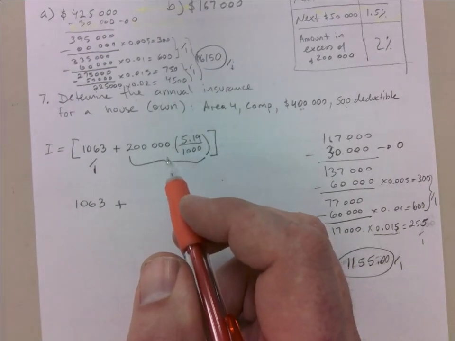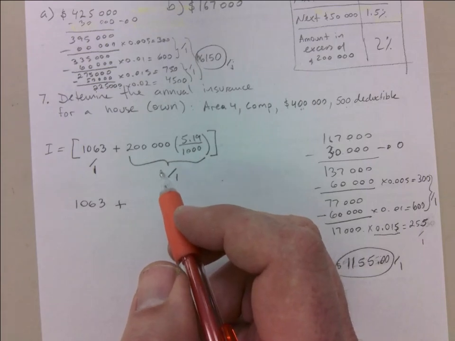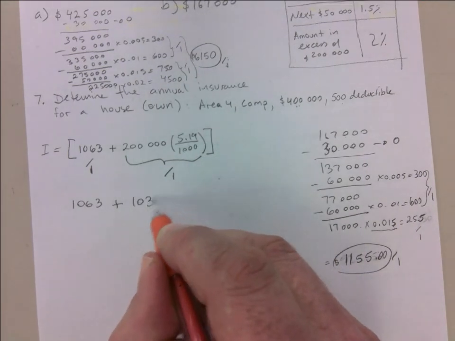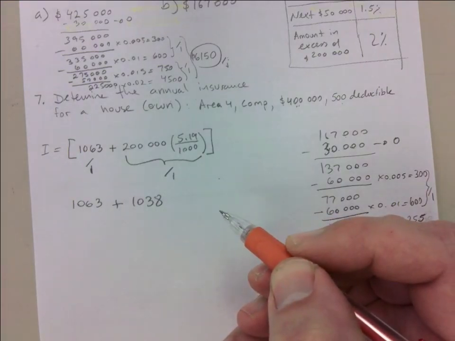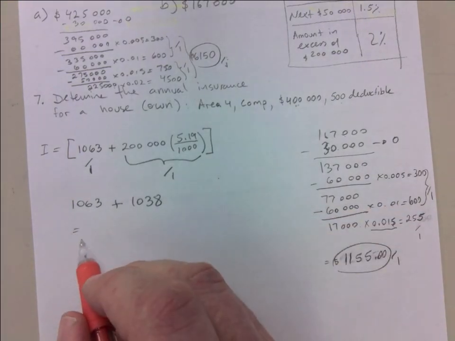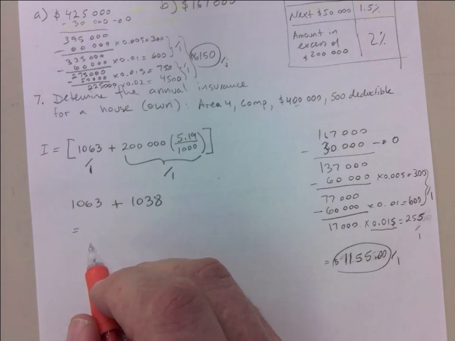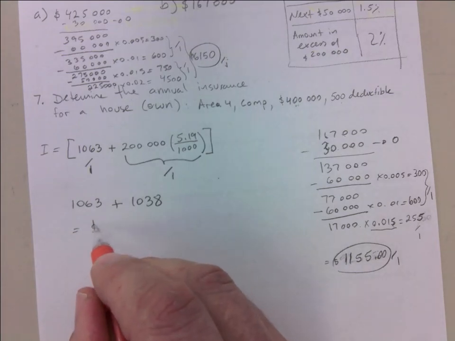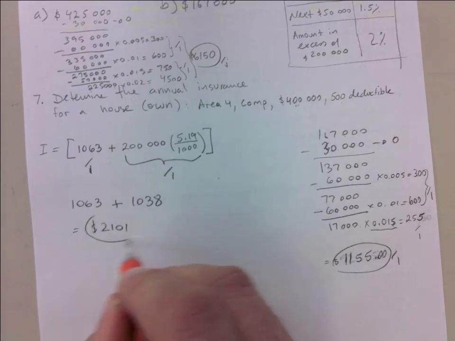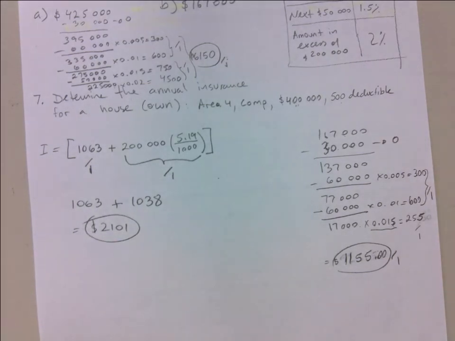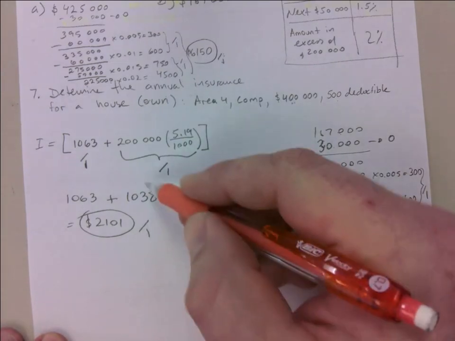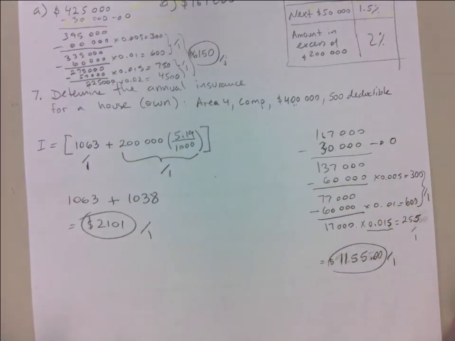Hopefully this time I get it right. It's 1,038. No complaints, all right? 1,063. This is 2,101. So you get a mark for the work leading up to the final answer.